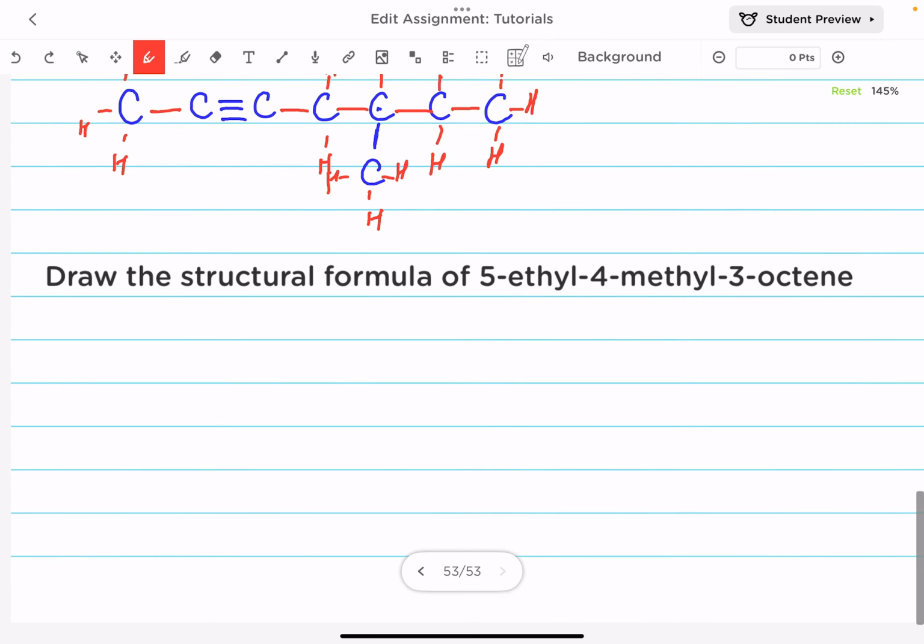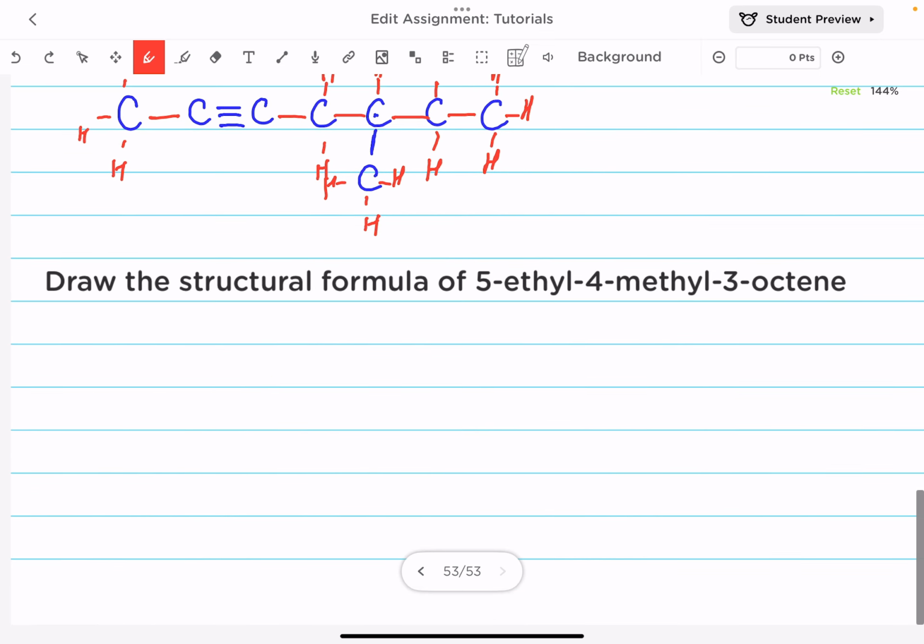Okay, last example in our video tutorial, we look at oct, means I have 8 carbons. It's an ene, means I'm going to draw a chain of 8 carbons with a double bond. Where exactly? On the 3rd carbon. Now, this chain has 2 branches, 1 methyl, 1 carbon on the 4th, and another branch of 2 carbons on the 5th.